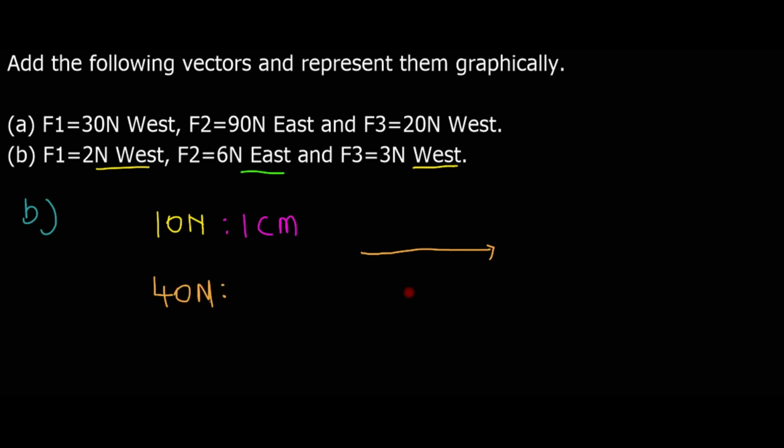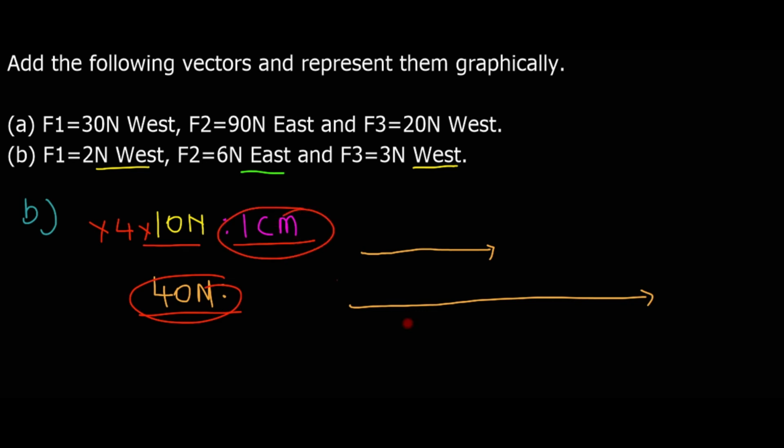E rela gore 40 Newton yo ba 4 centimeter, because ba file gore 10 Newton e lekana le 1 centimeter. So remember gore 10 Newton le 40 Newton, the only difference gore now re multiply le this one ka 4, so 4 times 10 e re fa 40, so that is why e ba 4 centimeter.